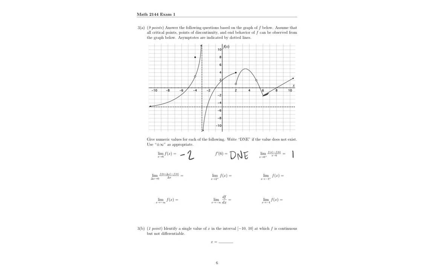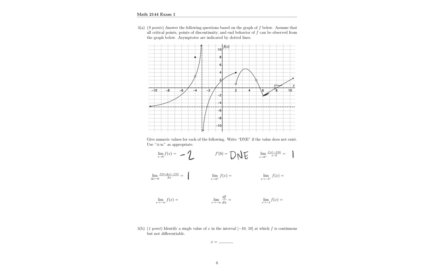Okay, so now if we're looking at the limit as delta x goes to 0 of f of 8 plus delta x minus f of 8 over delta x, this is, again, another way to write the derivative, right? So using the same thing, this is going to be kind of the same point, so it's going to have a limit value of 1.